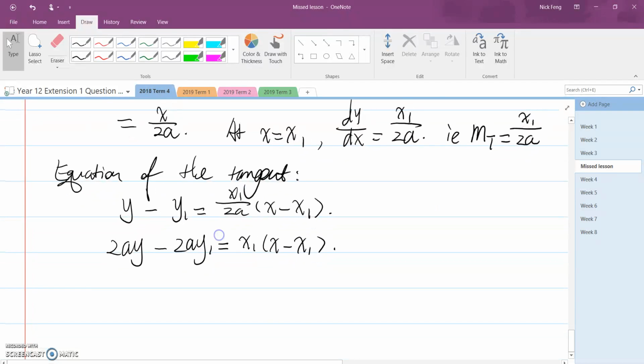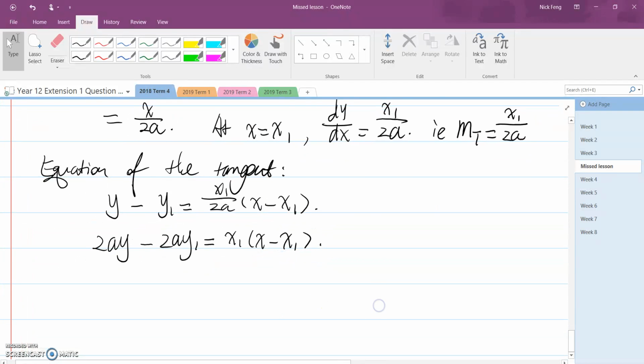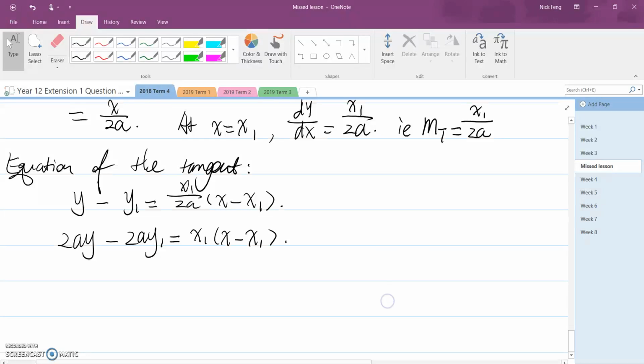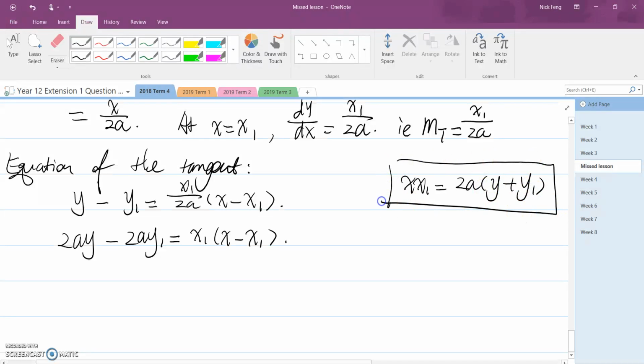Now, before I continue, I will tell you the result. The result we want to get to in the end is that the equation of the tangent in Cartesian form is x x1 equals 2a times (y plus y1). That's what we're trying to achieve. But in this case, it's not quite there yet. So we would like to use some trick in order to make it look like that.